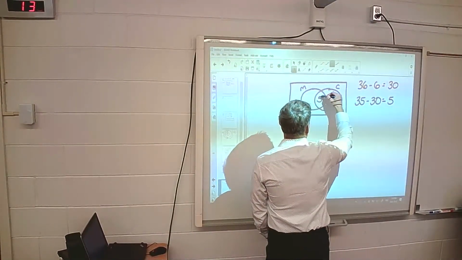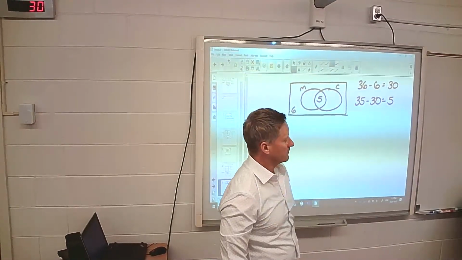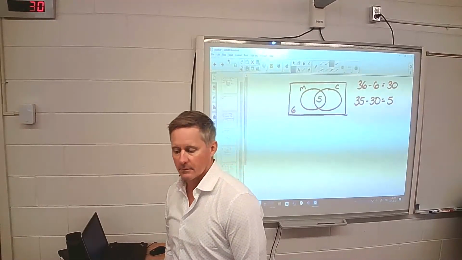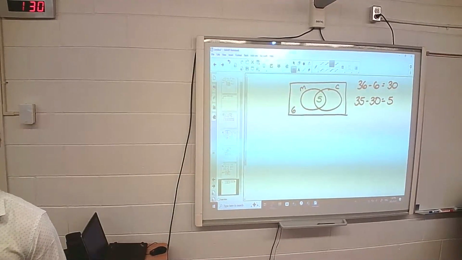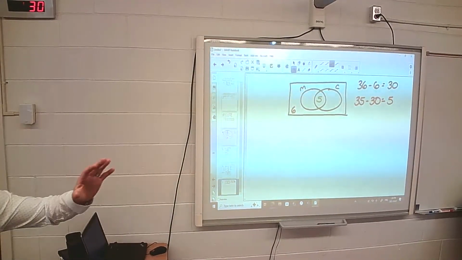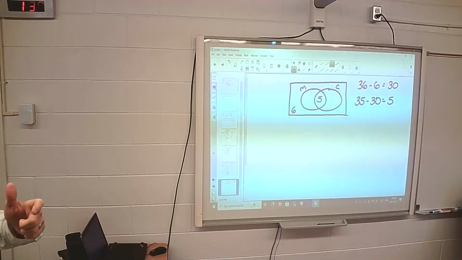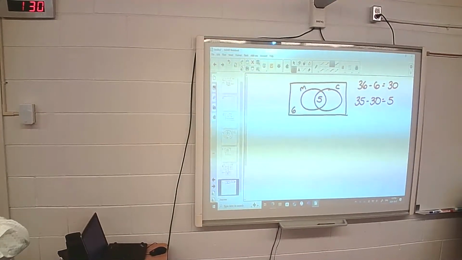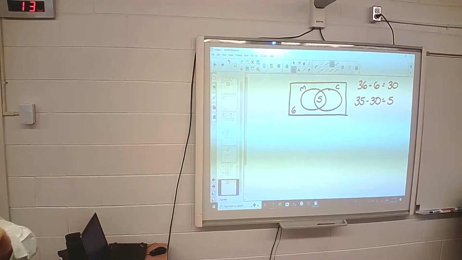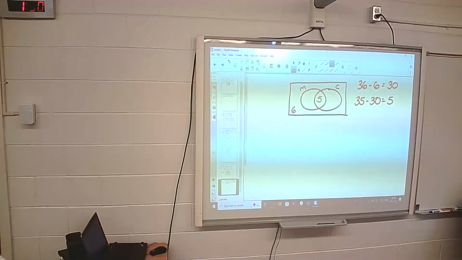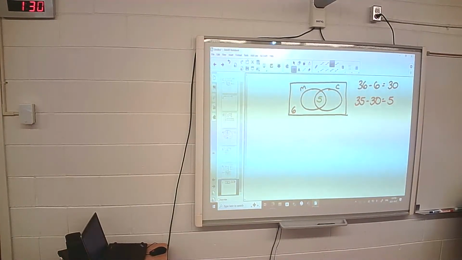That 5 goes in the middle here. So take the neither out of there, take the overlap and subtract from the number that you know liked one or the other, and that gives you them both. It's the same every question. Okay?